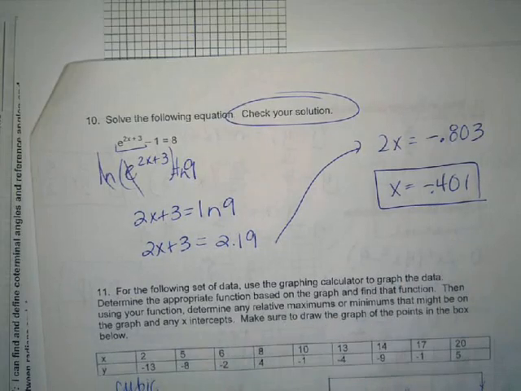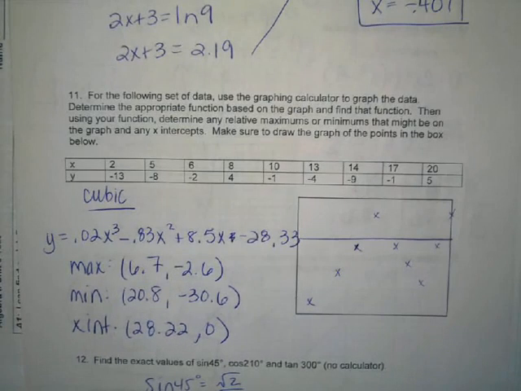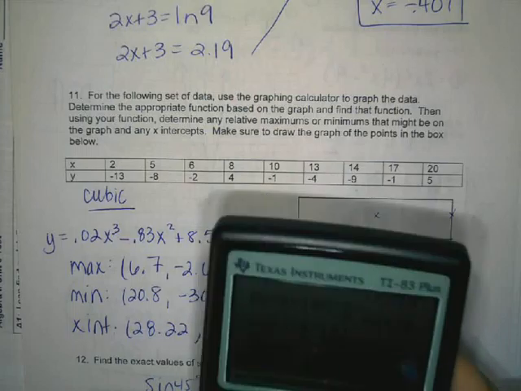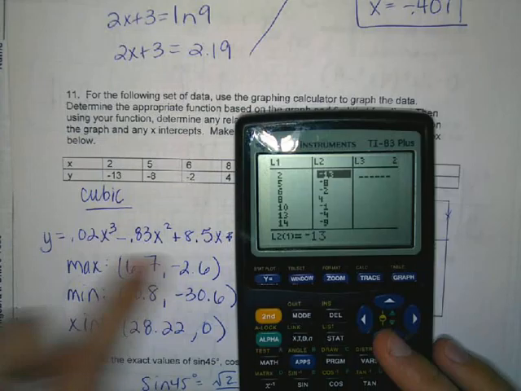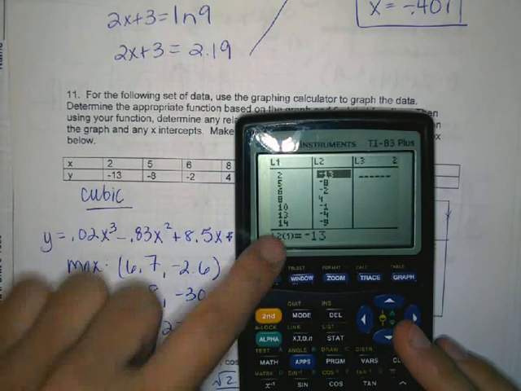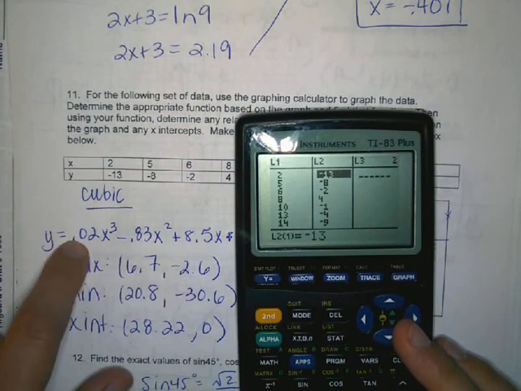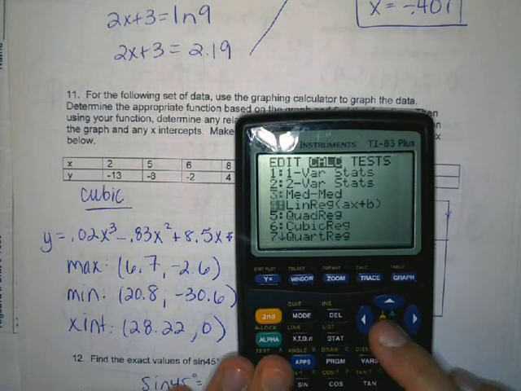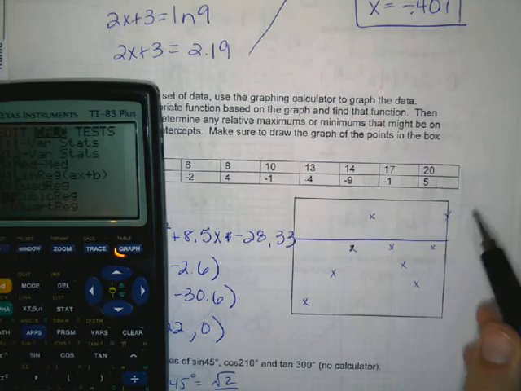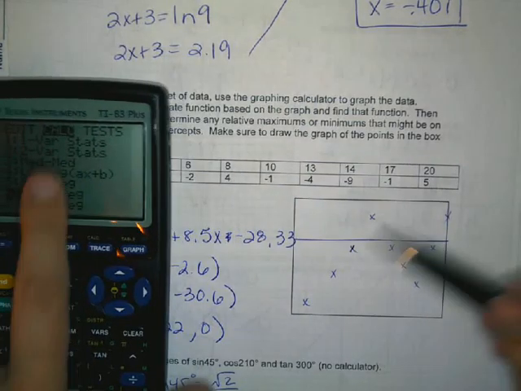Okay, number 11. Just a little reminder where stuff is on the calculator. You first had to go to Stat and Edit to put all those points in your table into L1, L2. Then to get the equation, you had to go back to Stat and Calc, and the pattern that you had to plot, which we'll remind ourselves how to do, looks like a cubic.